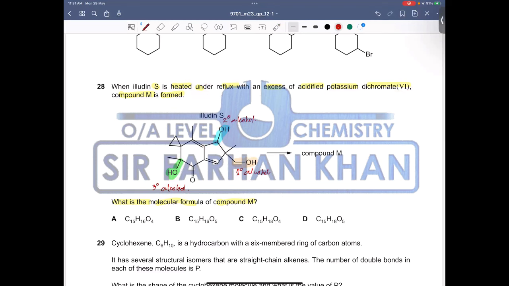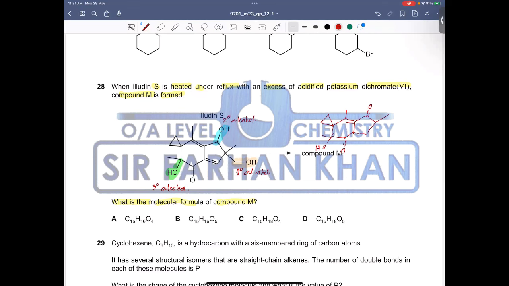Let's make the structure here. This is going to be a ketone.